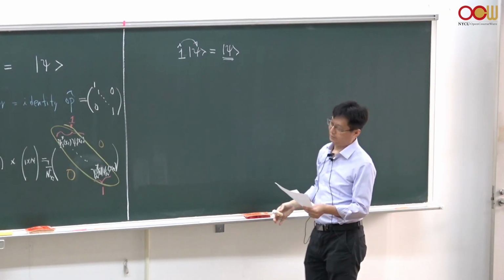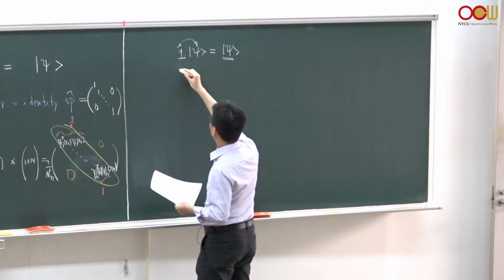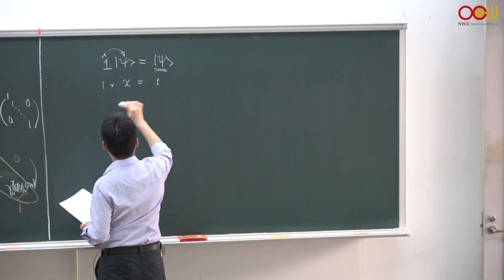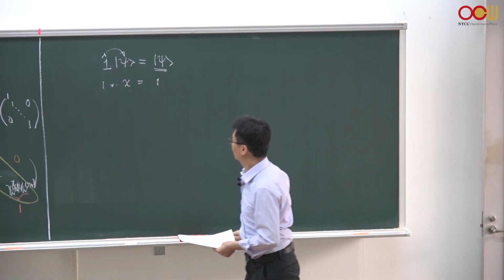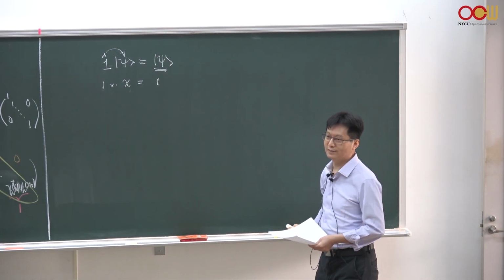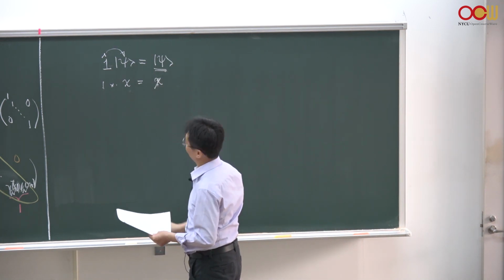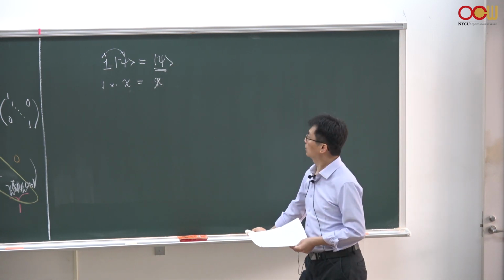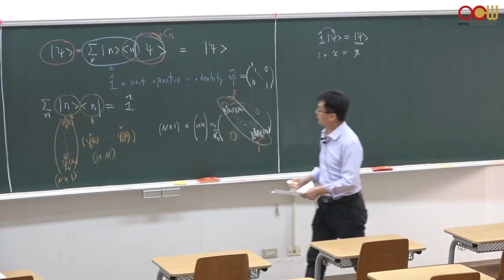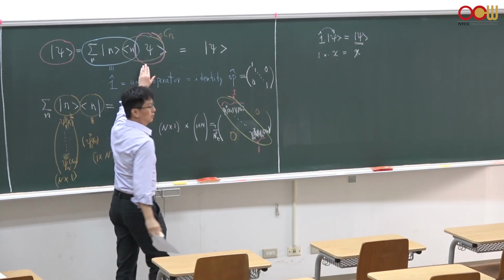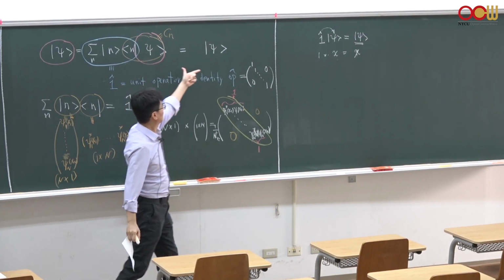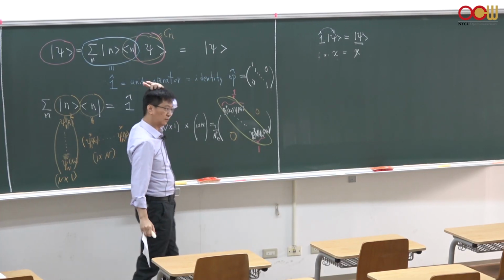It is analogous to the number 1. When you multiply any number x by 1, you get the same number. Likewise, this unit operator, when acting on any arbitrary quantum state, gives you that same state, psi.